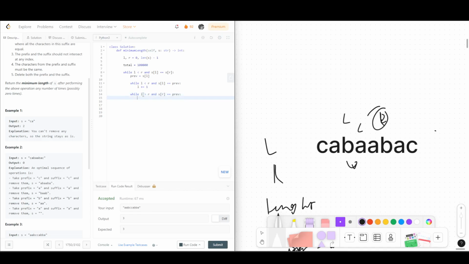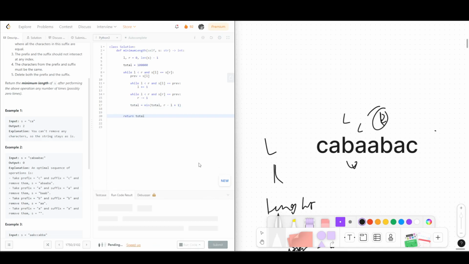Then minus 1. And then basically, what is the total? Total is just going to be the minimum of total and the length of R minus L. And essentially return that.